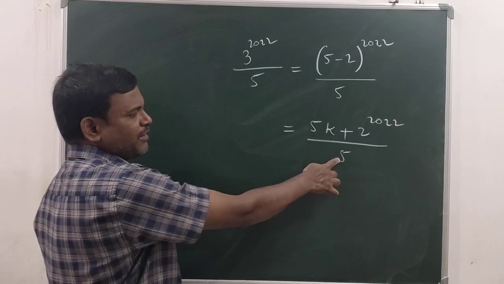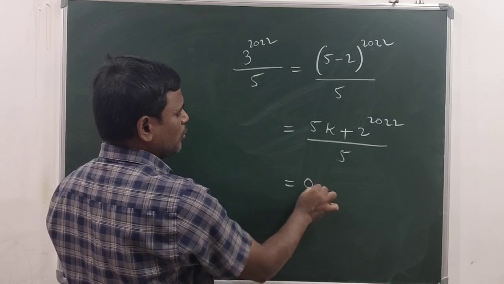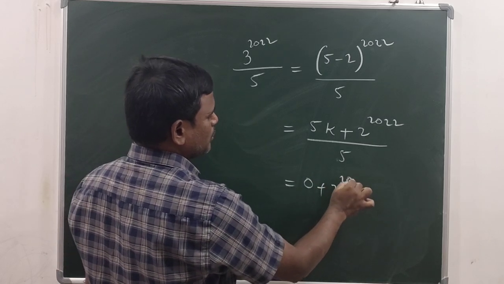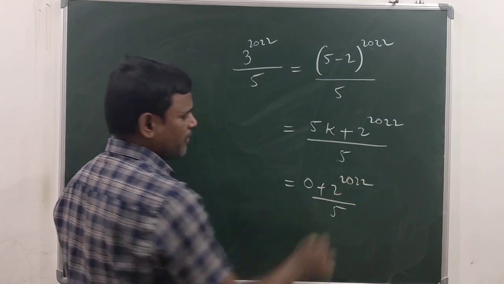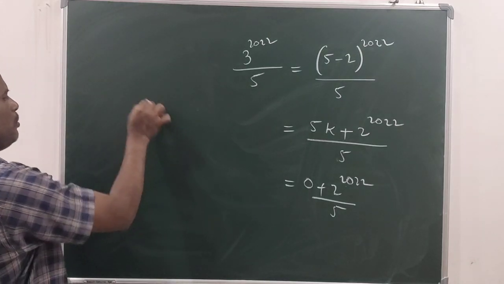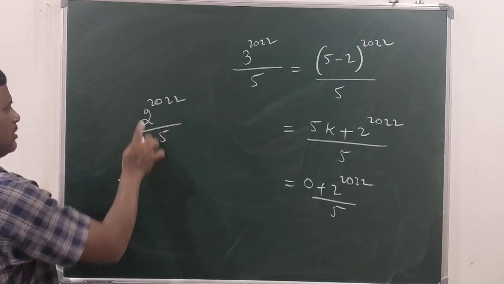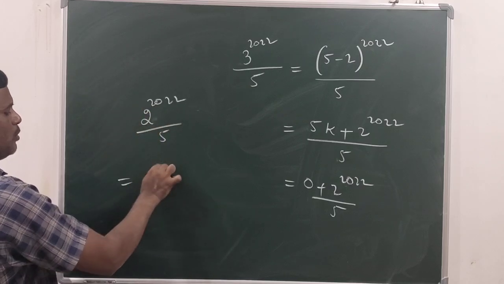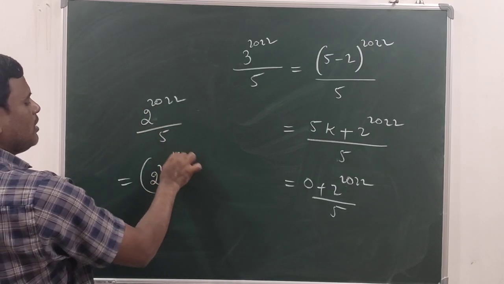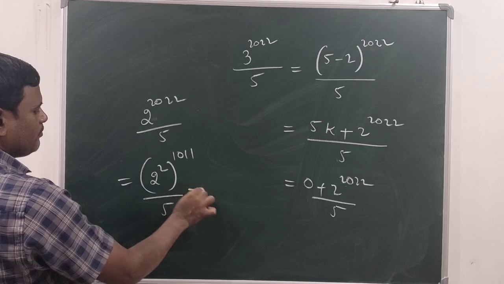Now this 5k part is exactly divisible by 5, hence 0, plus 2 power 2022 by 5 you have to do. Now 2 power 2022 divided by 5, how do I write it? (2 square) whole power 1011 by 5.